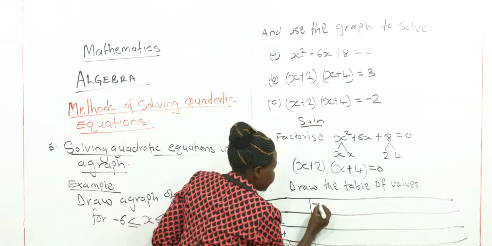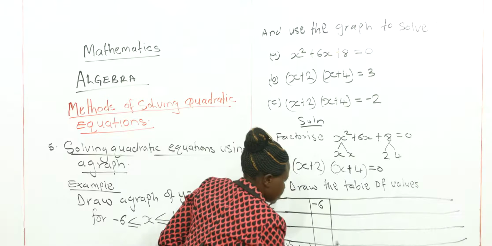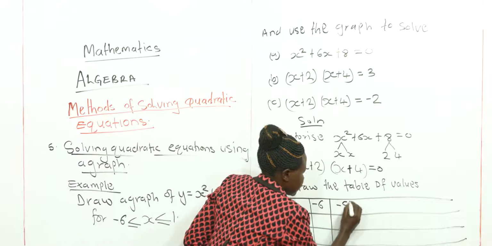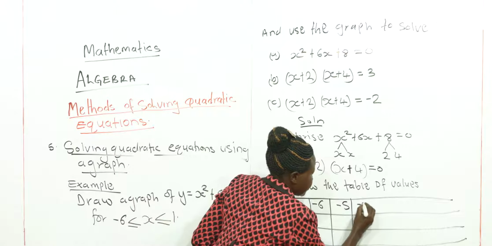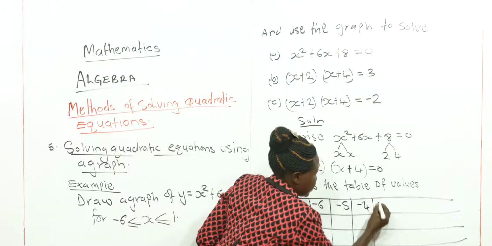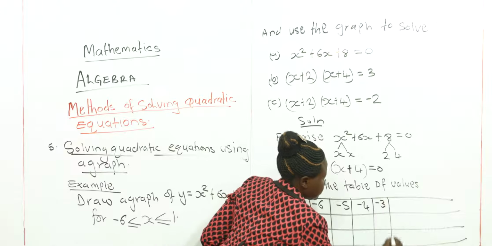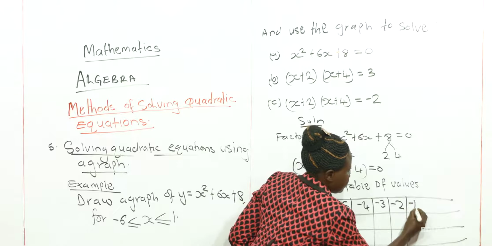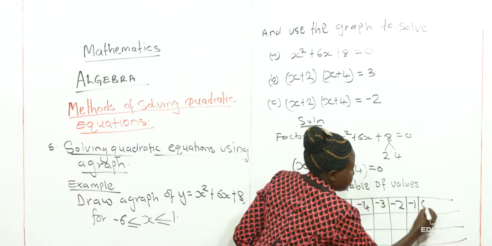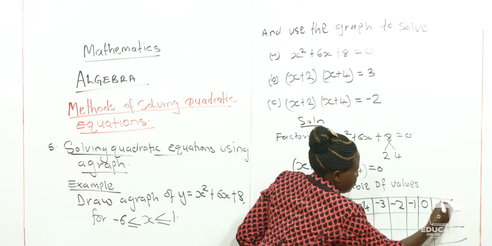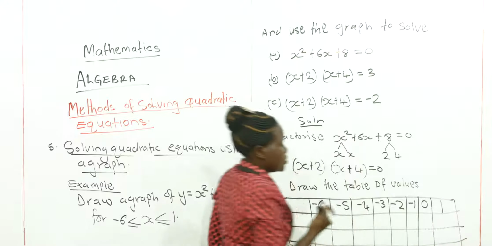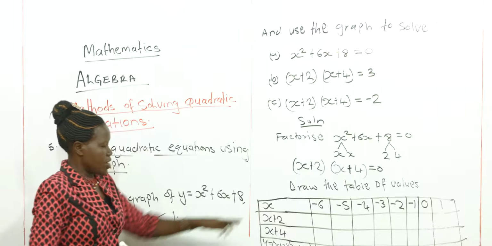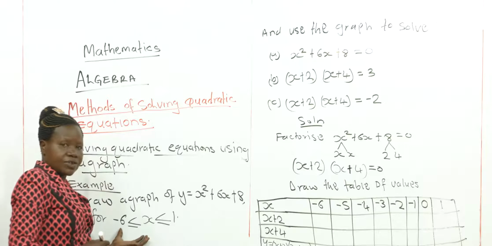So you shall have negative 6 here, and then negative 5, negative 4, negative 3, negative 2, negative 1, 0, and then positive 1. So learners, that is how you can form your input of x. You draw from where the inequalities are.